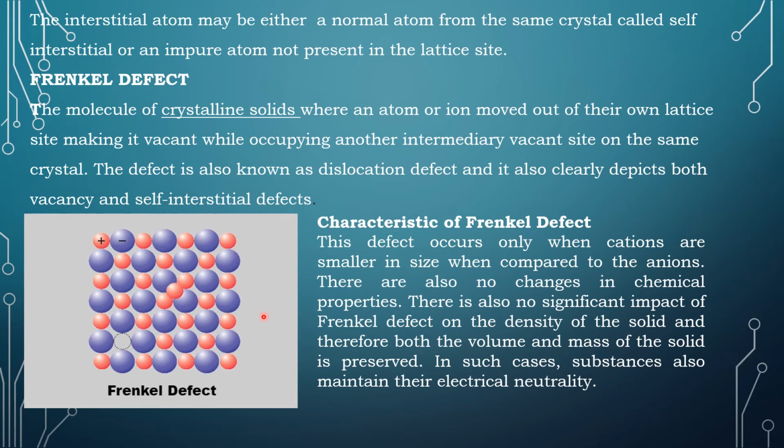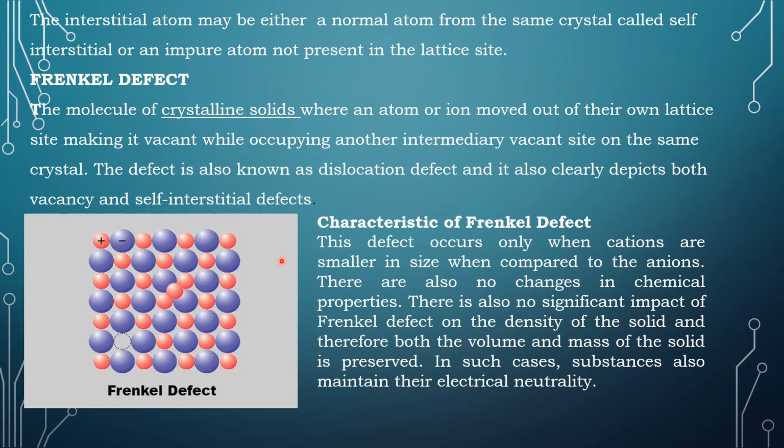This defect is also known as dislocation defect and clearly depicts both vacancy and interstitial defect. See here, this atom here is missing, but instead this atom is situated in between the layers. That is what is called interstitial defect. So Frenkel defect causes a vacancy as well as a self-interstitial defect. What are the characteristics of Frenkel defect?